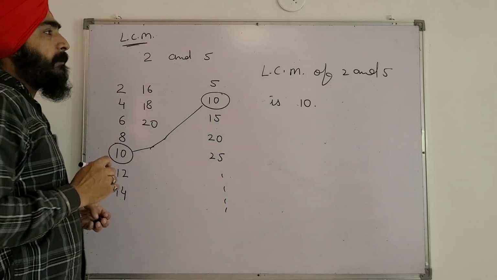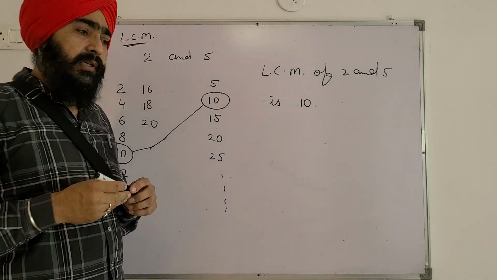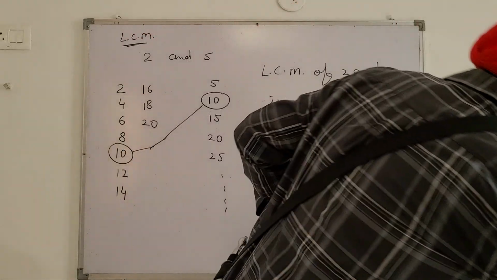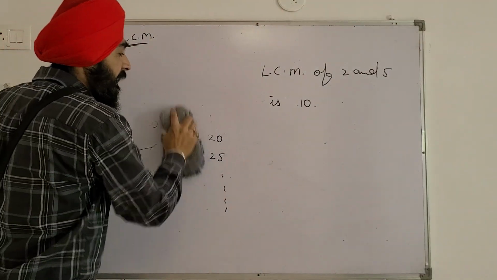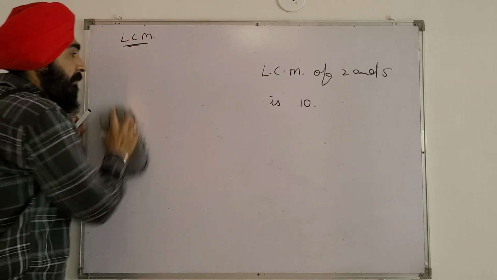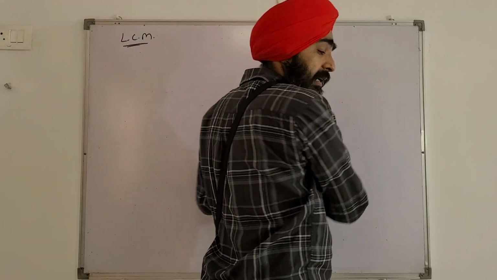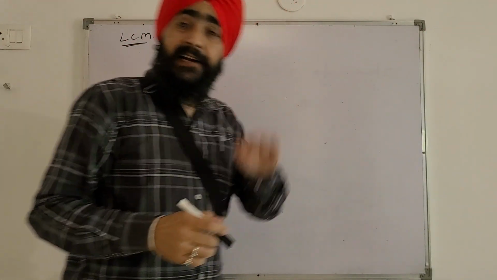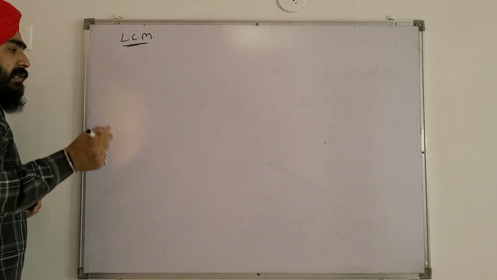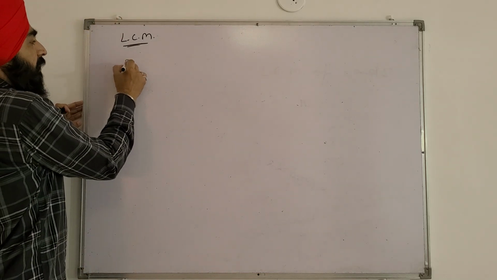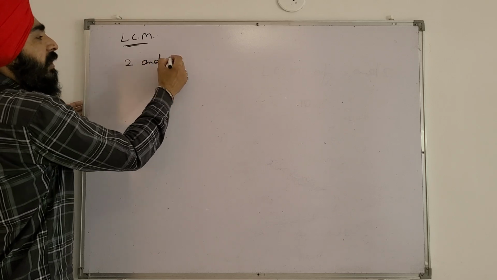Okay. So now we are going to follow some conditions. If we have two numbers, then how can we find the LCM by the conditions: if both are prime, if at least one of them is prime, if both are not prime. Is it clear? Again, I'm going to take 2 and 7.